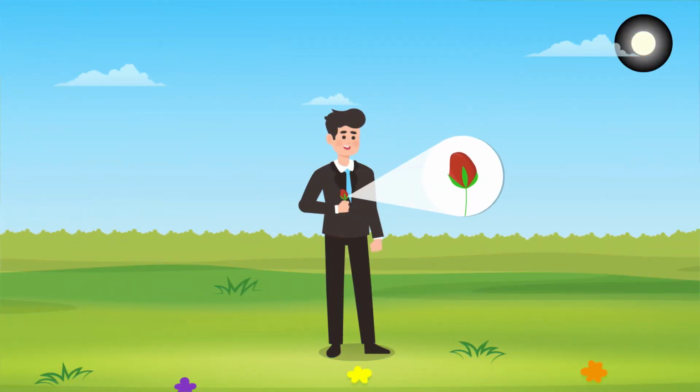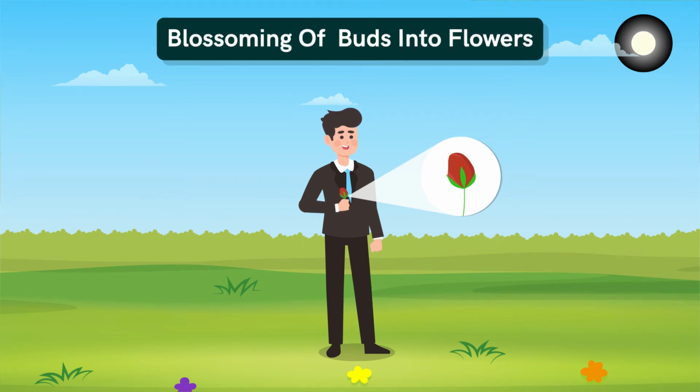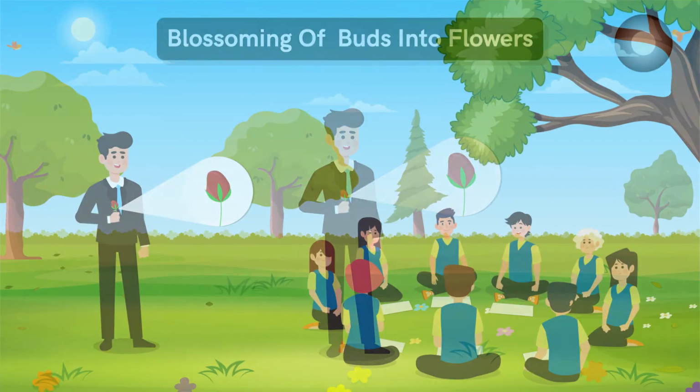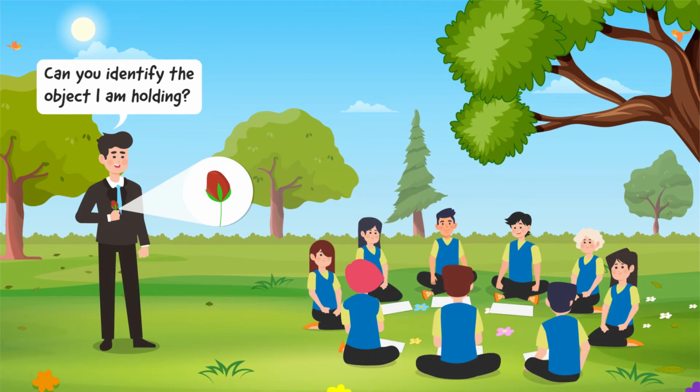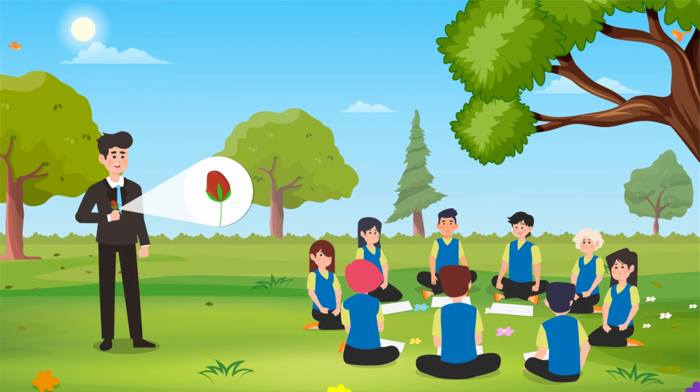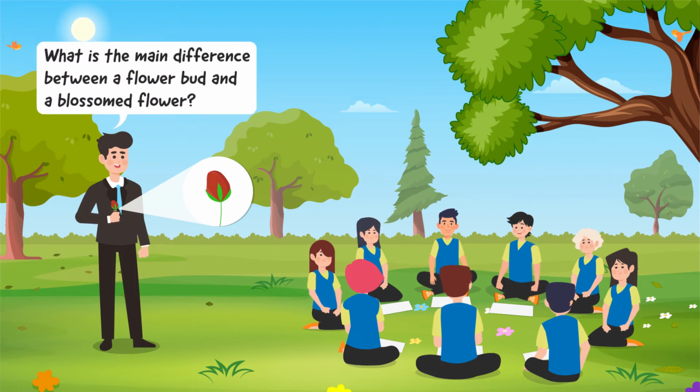Display a flower bud to the students and lead them to the concept of blossoming of buds into flowers through some leading questions. Ask them, can you identify the object I'm holding? They will possibly say that it's a flower bud. Then ask them, what's the main difference between a flower bud and a blossomed flower?